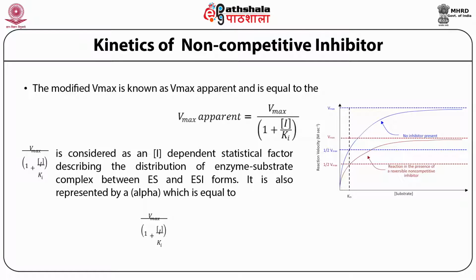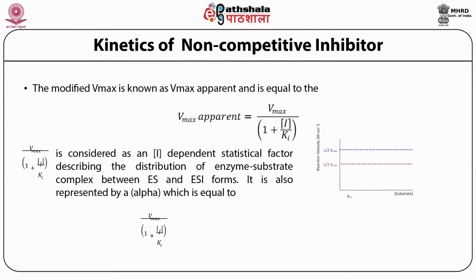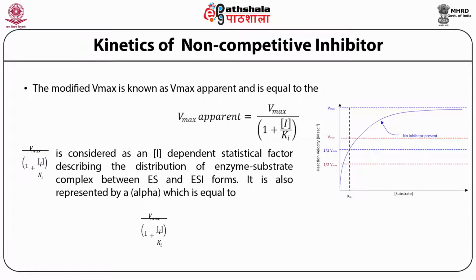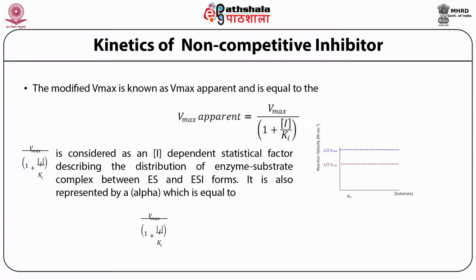If you see the plot of Michaelis-Menten equation here and you are comparing the presence of inhibitor and its absence, you can see that in normal condition we will have the Km which is exactly the same as the Km in the presence of inhibitor.